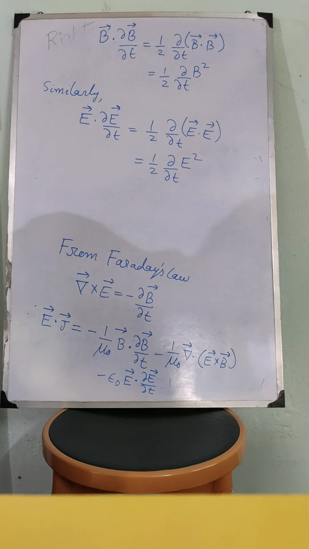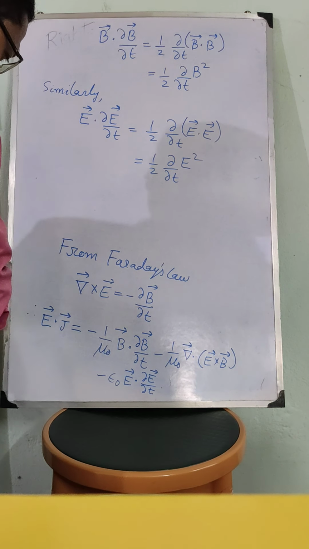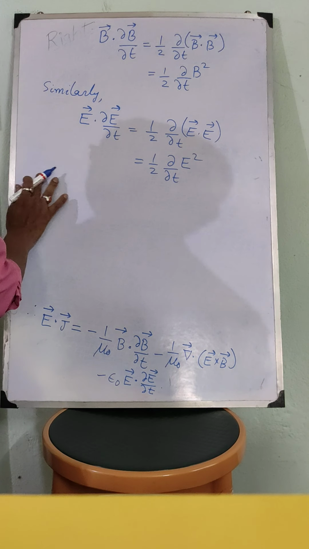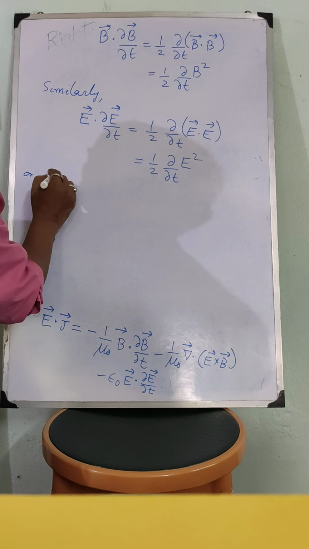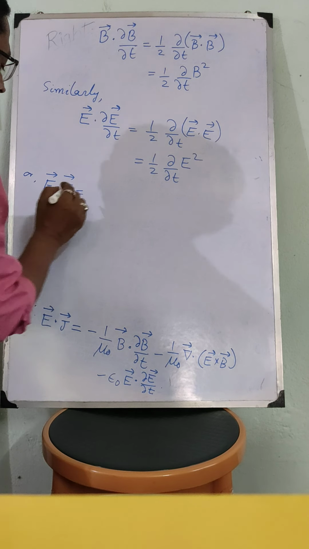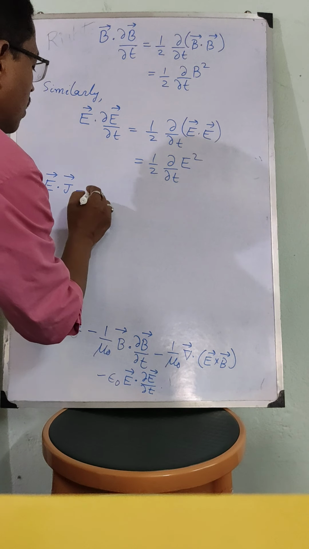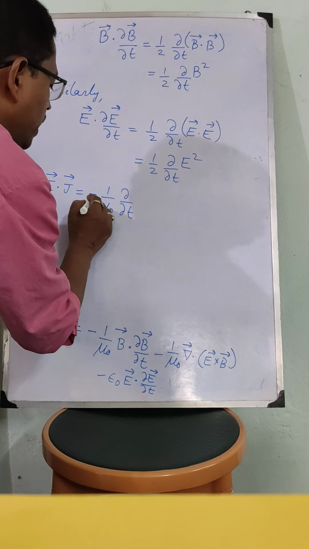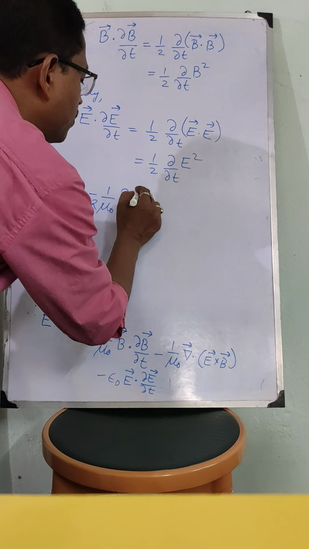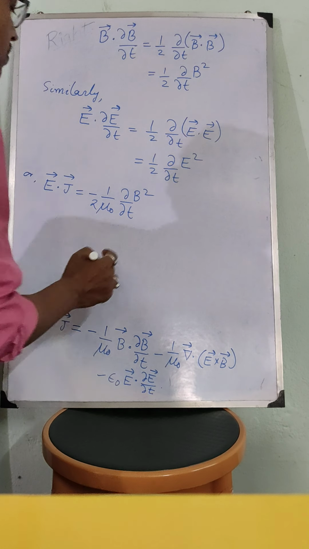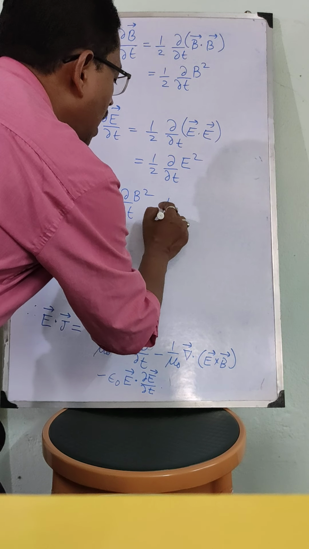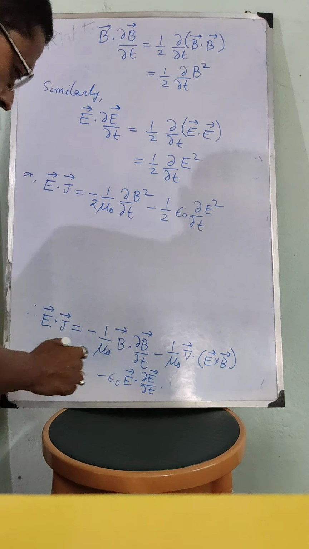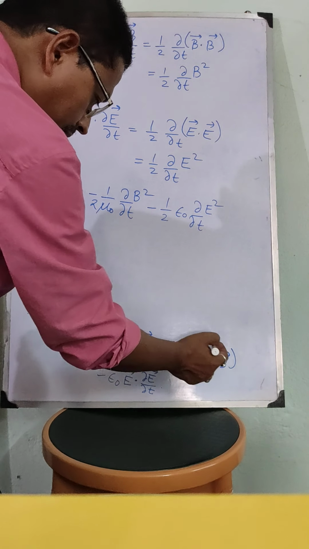Okay. So therefore our E dot J is equal to minus 1 by mu 0 del del T, 1 2 will come, this 2, so del del T of B square, then I will write this term, minus half of epsilon 0 del del T of E square, then I will write this term.